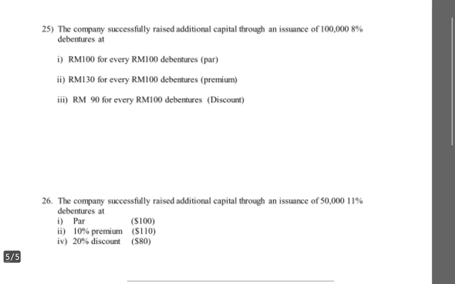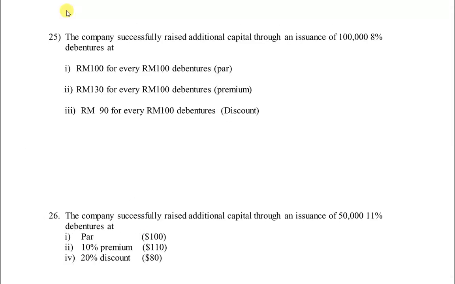And the last one will be on the issue of debentures. A debenture is like a loan. You need money, you can issue a loan, issue debentures. Debentures normally come with a par value, always $100. The company needs to raise $100,000 at a stated interest rate, and they're going to issue at $100 for every $100 debenture, which means at par.